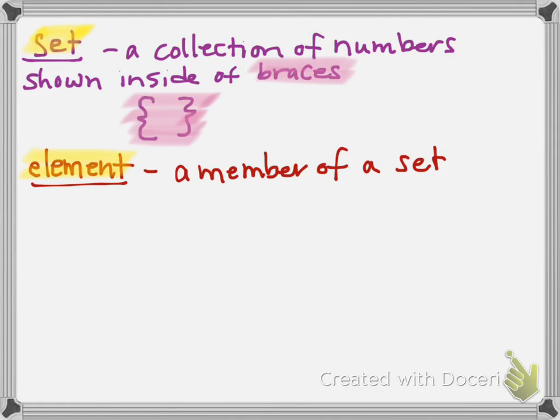So each number inside of the braces is called an element. I'm going to highlight in pink 2 words on this one: member, set.